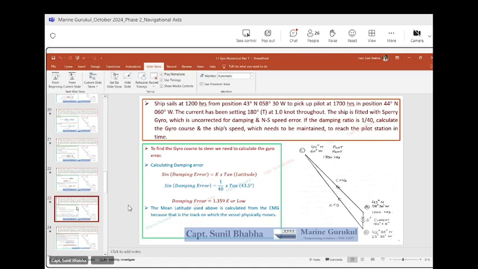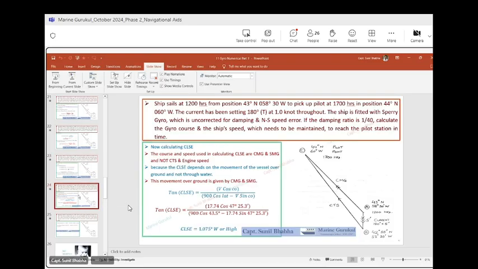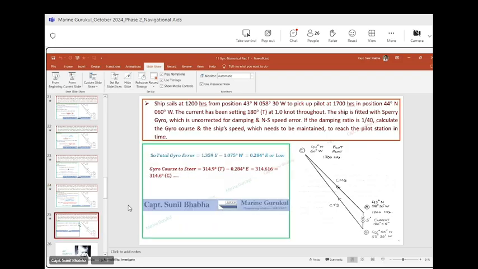This is the damping error. This is CLSE. And the final one.